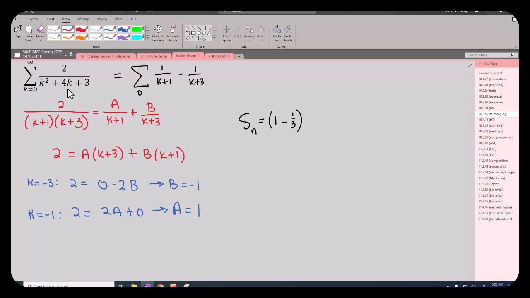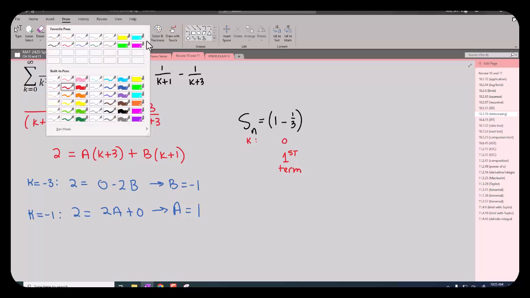We're plugging in k equals 0. So these are our k values down below. I'm going to put the k values underneath. So this is the first term. Everyone agree? First term is corresponding to k equals 0.